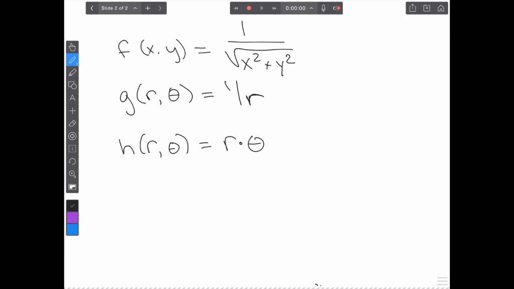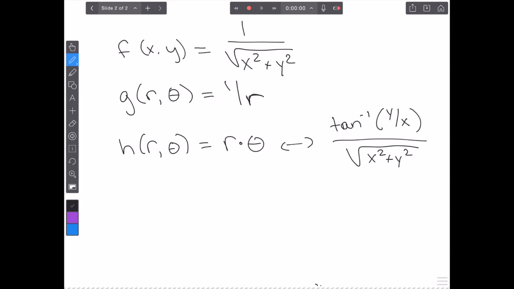If we were to write this out in terms of x and y, the formula is not so beautiful, because the formula there would be the inverse tangent of y over x, over the square root of x squared plus y squared. That formula looks horrible, but it looks really pretty when we just express it in terms of r and theta.